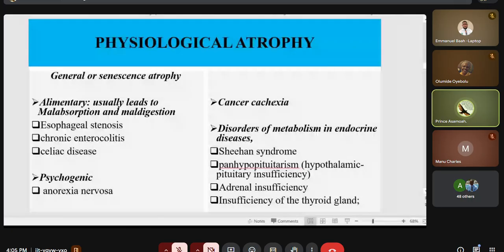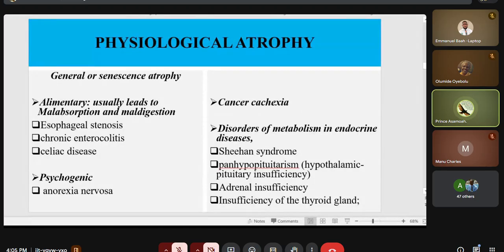For psychogenic conditions, you have a condition called anorexia nervosa. You can also have what we call cancer cachexia, where someone gets cancer and then the body atrophies.